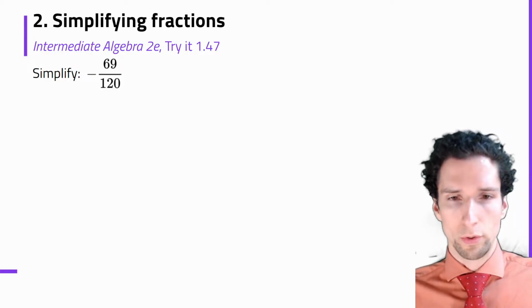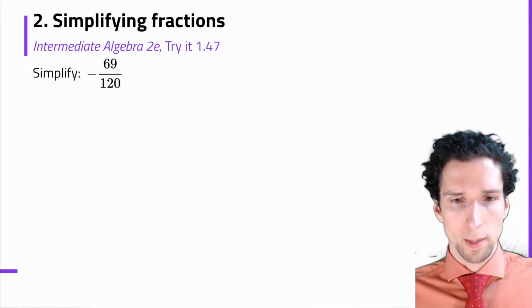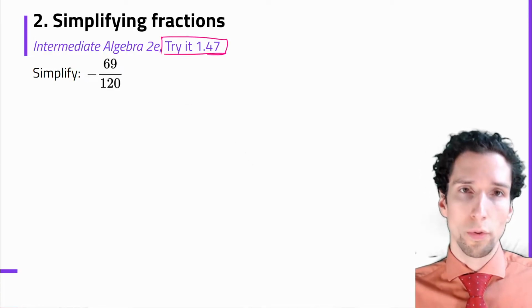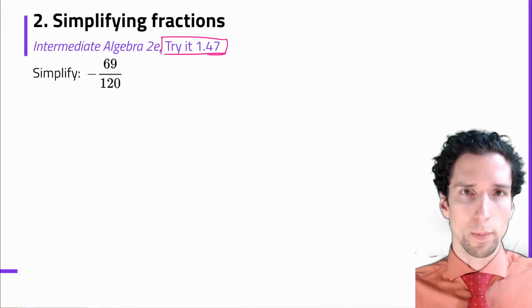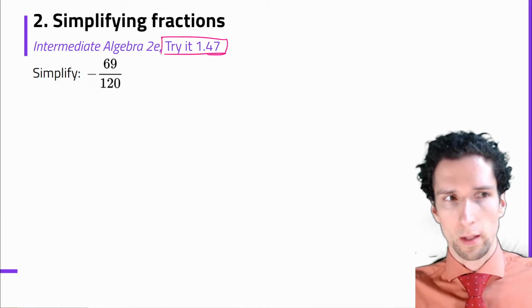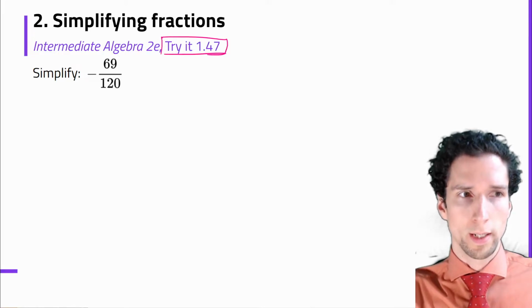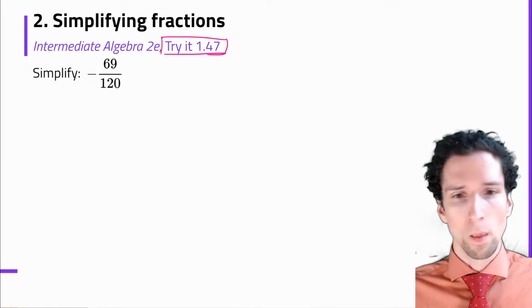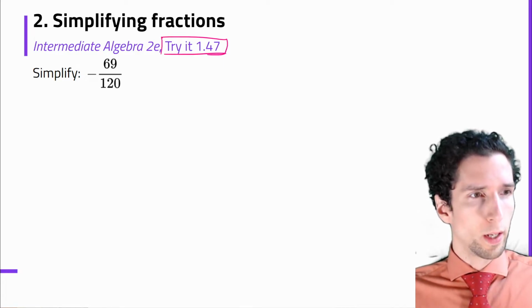Next, I will do just another example, exact same type of question, and it's this here. I'll go through this more quickly, just at a natural speed for me, and then there'll be one more example, and then that's your turn, the one for you to do. All right, so -69/120, we can see on the top here, definitely a factor of 3.